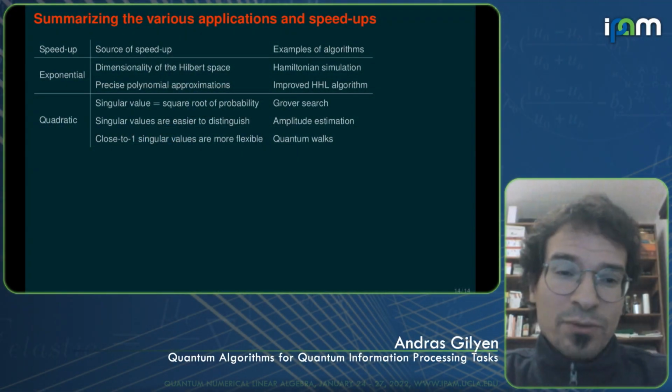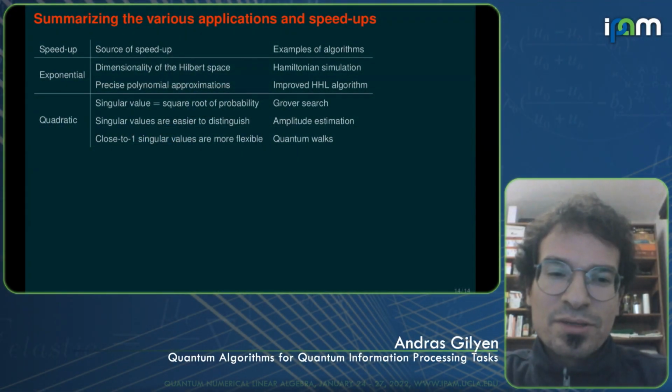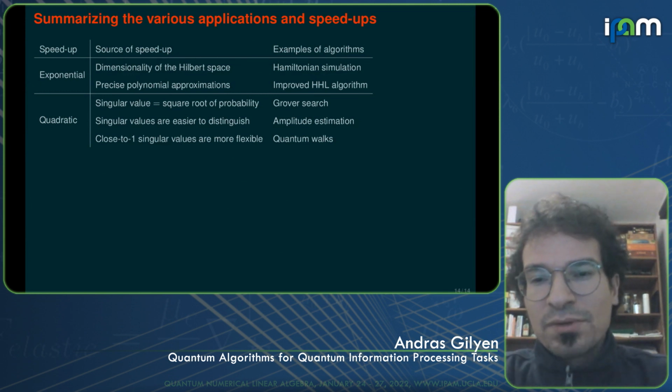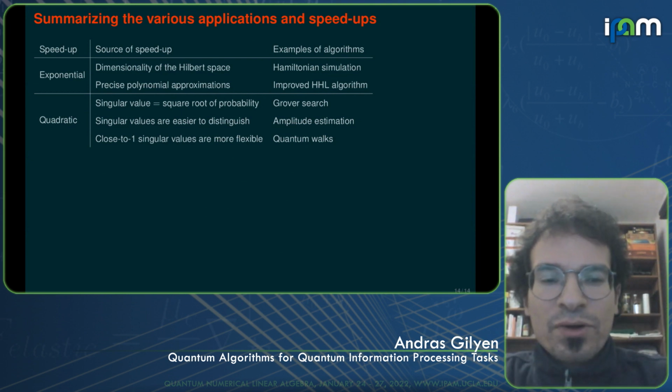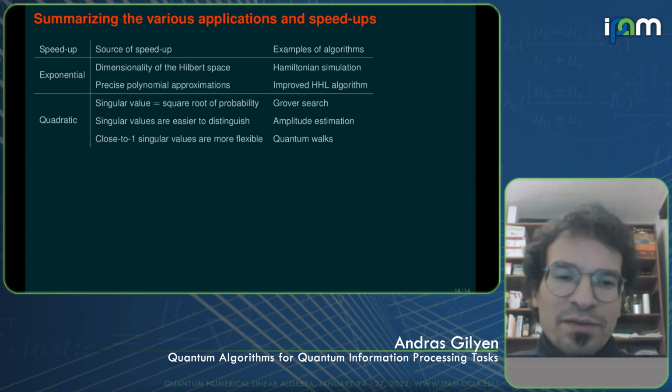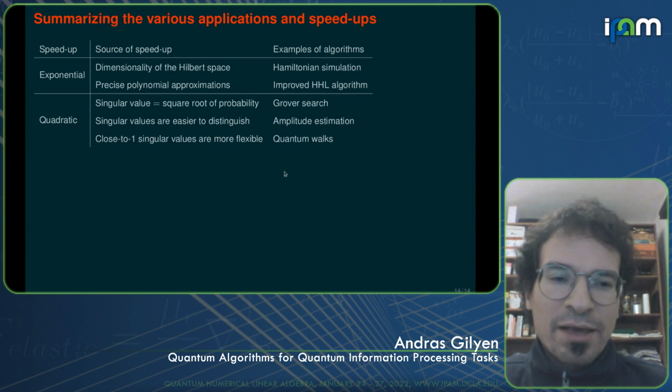And also singular values are somehow easier to distinguish than just probabilities, and amplitude estimation exploits this. And in quantum walks, a somewhat more niche phenomenon occurs. Close to one, singular values are more flexible, and that gives rise to a quadratic speedup that can be exploited in other places, like frustration-free Hamiltonians and so on.